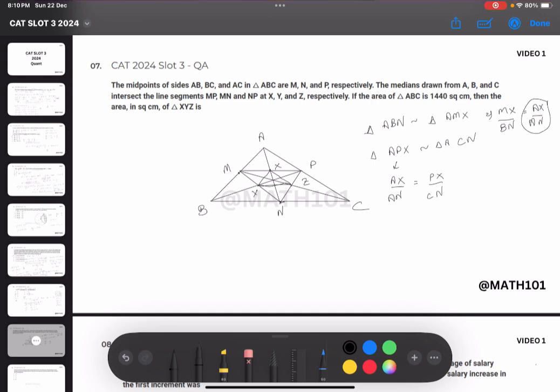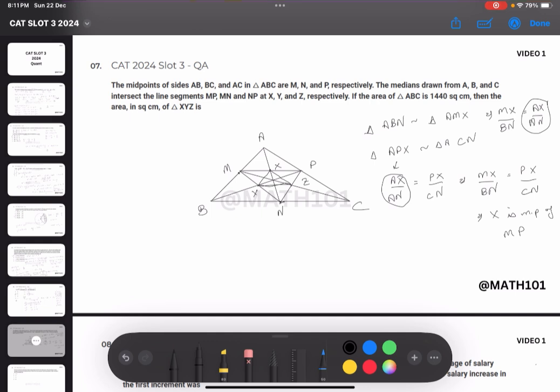But as the two are the same, MX upon BN equals PX upon CN, which implies that X is the midpoint of MP. Why? Because BN and CN are equal, as N is the midpoint. Similarly, Y and Z are also midpoints.